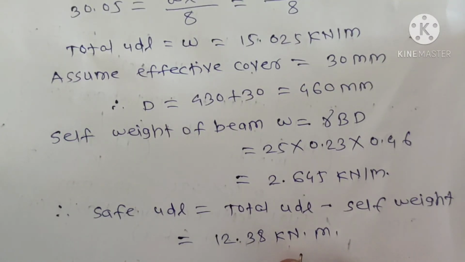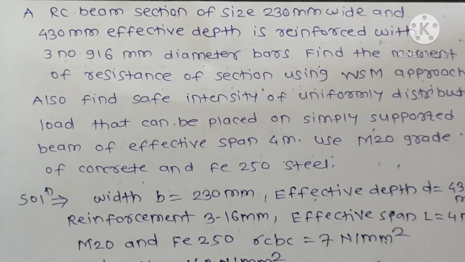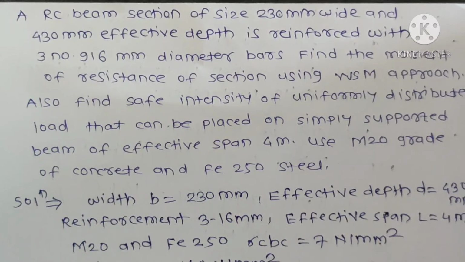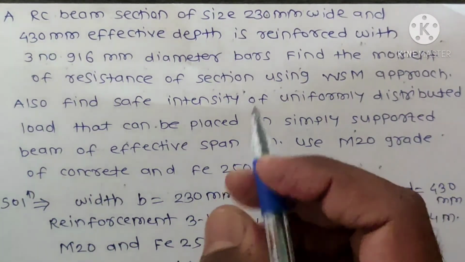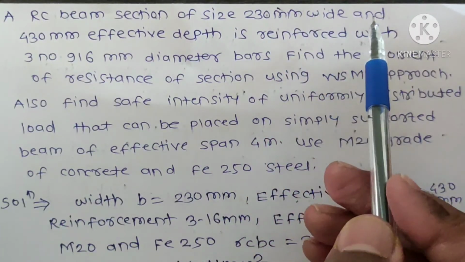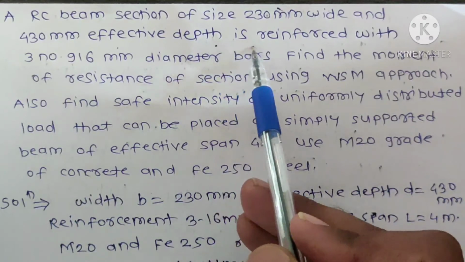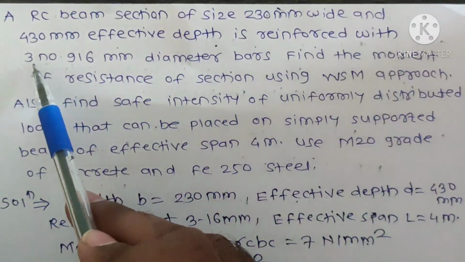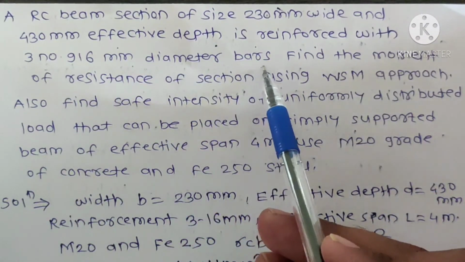This problem is over. Then again, let us explain this problem one by one. A reinforced concrete beam section of size 230 mm wide and 430 effective depth is reinforced with 3 numbers of 16 mm diameter bars.